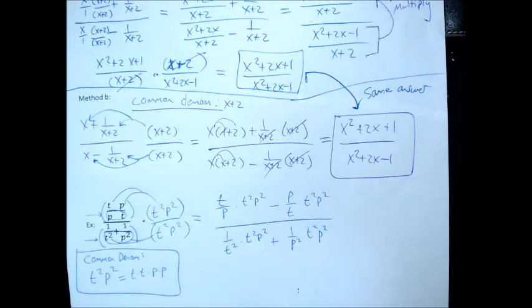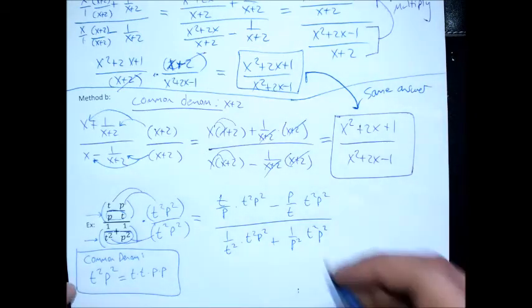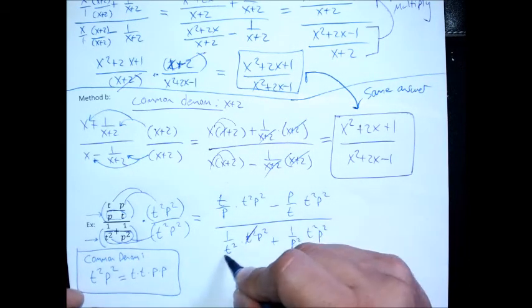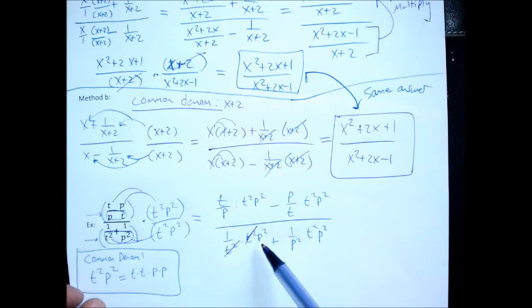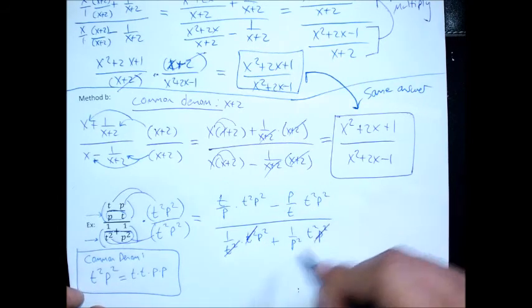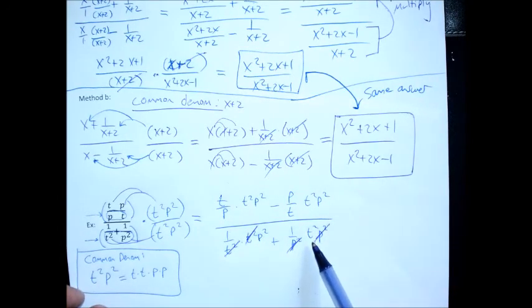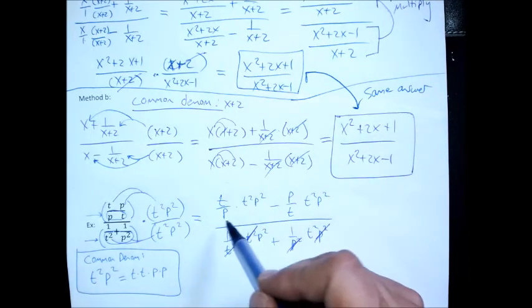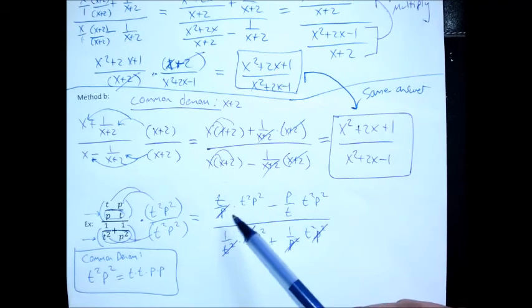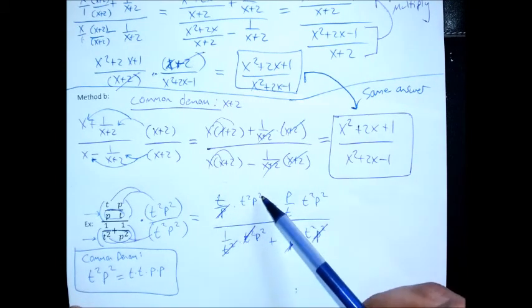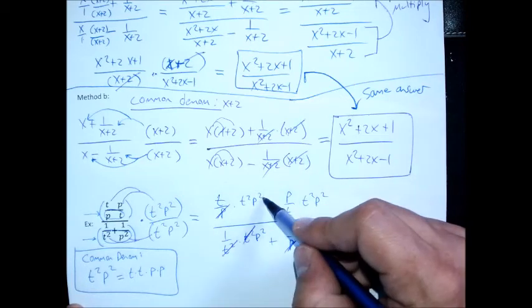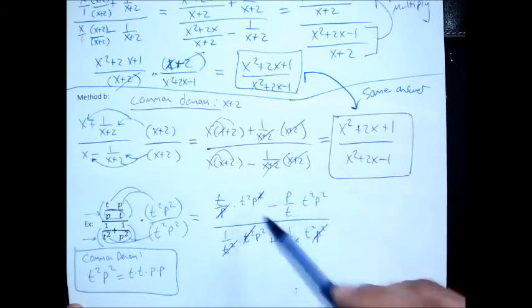And so at this point, hopefully you can see that everything's going to cancel, right? So first of all, in the denominator, all the squareds cancel, right? So the t squareds will cancel, but we still have a p squared. And then the p squareds cancel, and we still have a t squared. But in the numerator, we're going to be left with a bunch of stuff. So the denominators cancel, so like this p cancels on the numerator, but it only cancels with one of the p's. So we'll still have a p left over in this one, right?